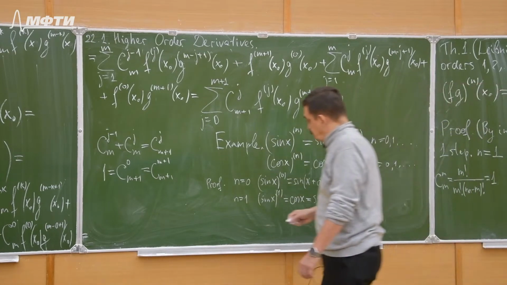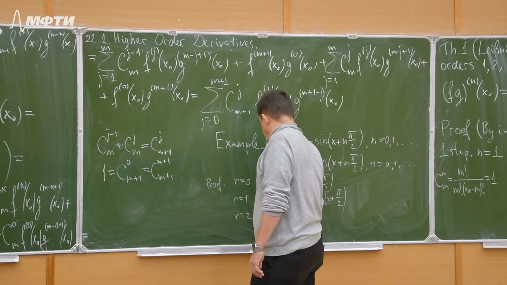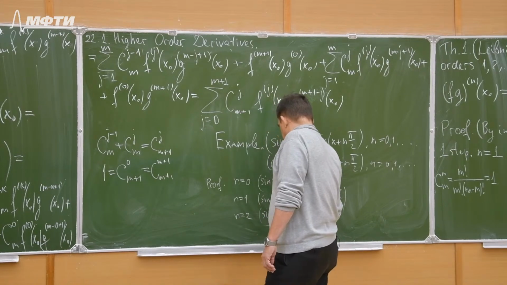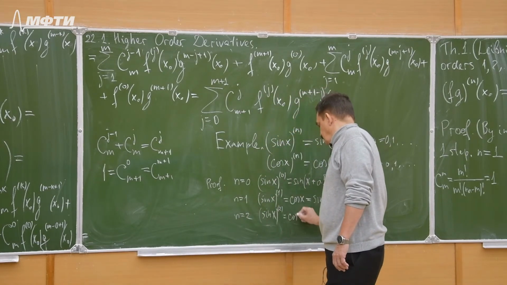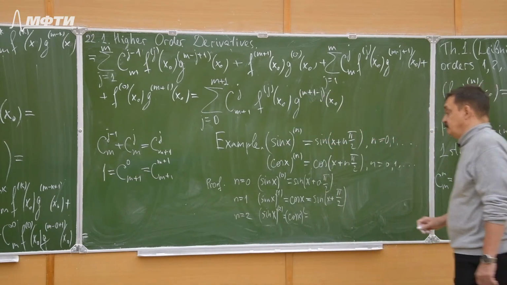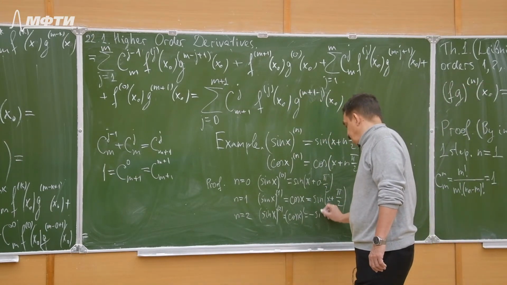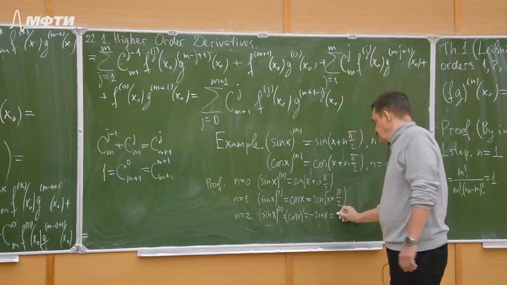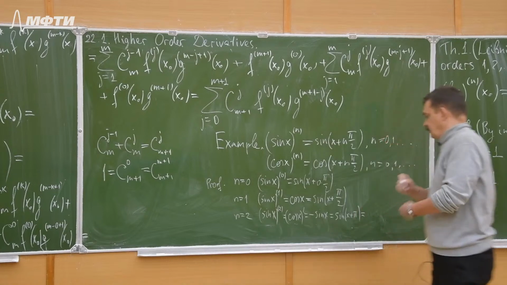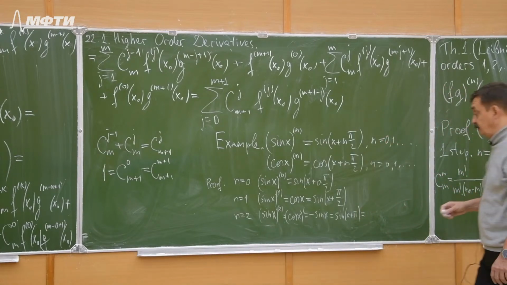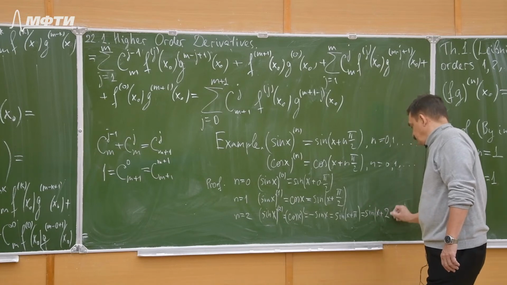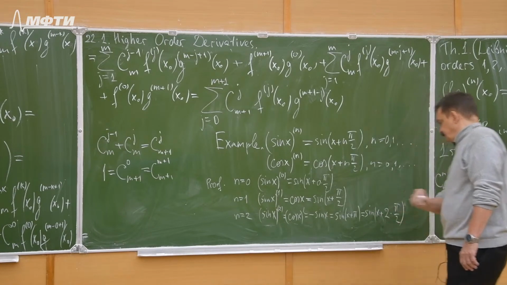So again it's correct. n equals to 2, the second derivative of sine x is the derivative of cosine by the definition, that is minus sine x, and it is equal to sine of x plus pi, or again by trigonometric formulas, sine of x plus 2 times pi over 2.